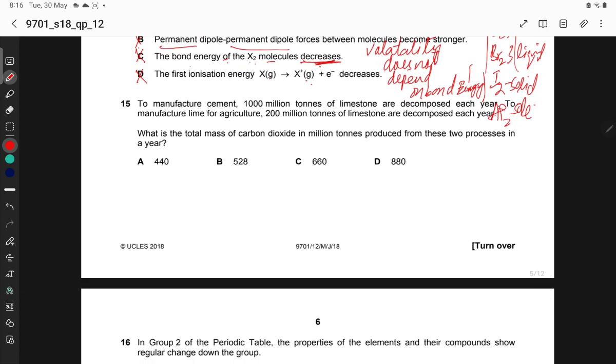Question number 15. In the manufacture of cement, 1000 million tons of limestone are decomposed each year. To manufacture lime for agriculture, 200 million tons of limestone are decomposed each year. What is the total mass of carbon dioxide in million tons produced from these two processes in a year?